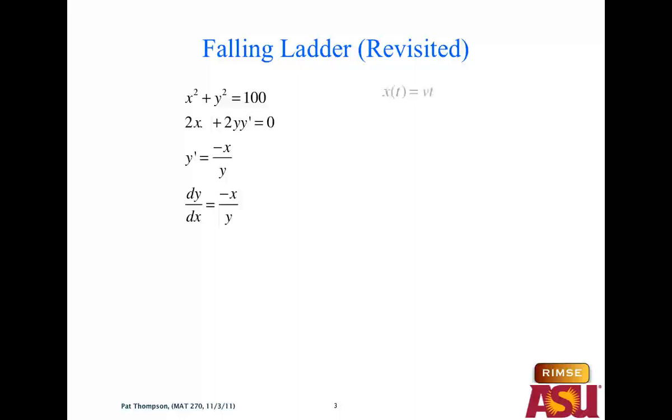So let's suppose that x is changing at a constant rate of v. Okay, so v is the constant rate of the bottom of the ladder moving to the right. So it's the constant speed of the bottom of the ladder.